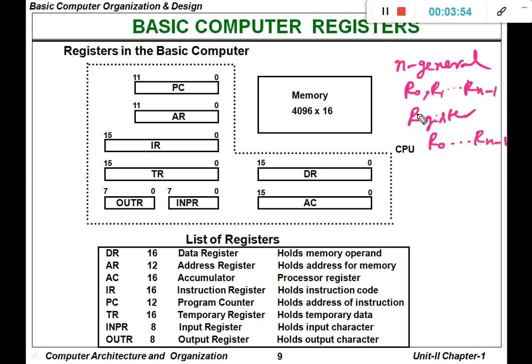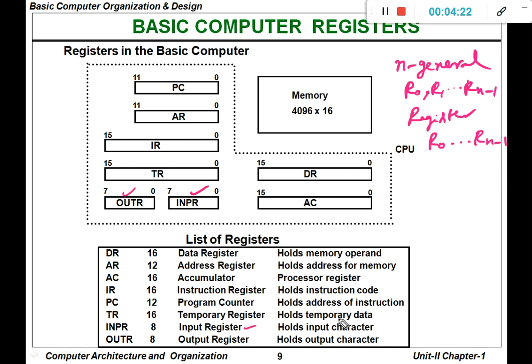These n general purpose registers are used to store several data from the main memory to the processor. However, we have some special registers. We already discussed INPR and OutR.